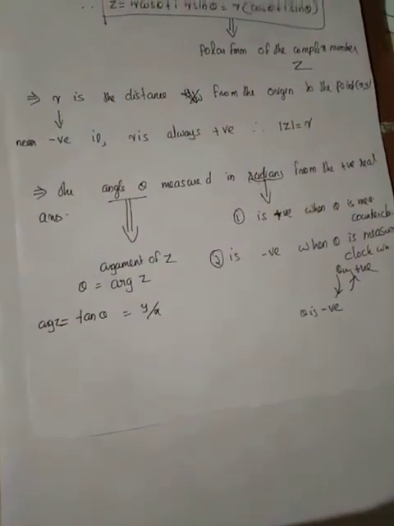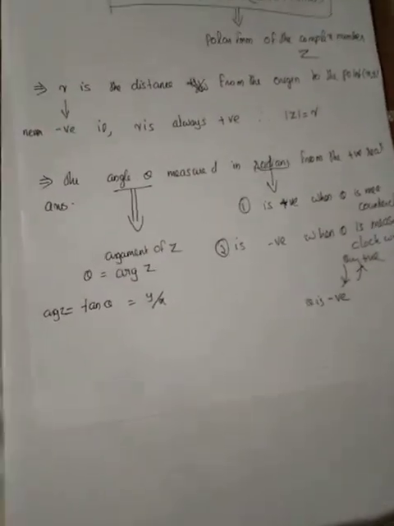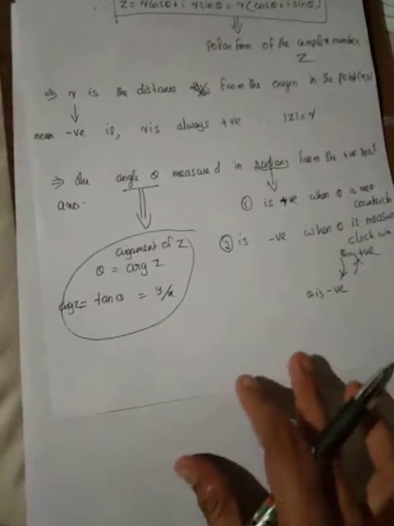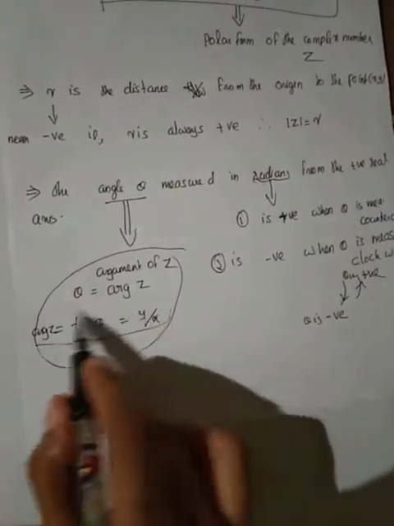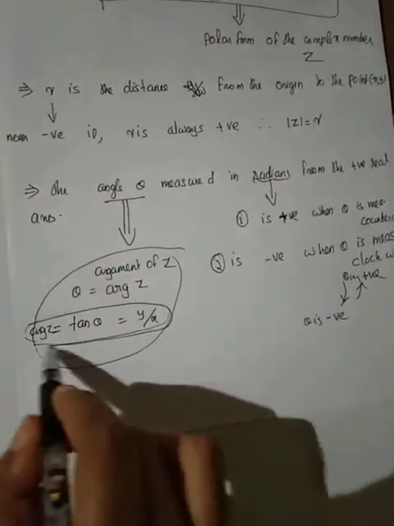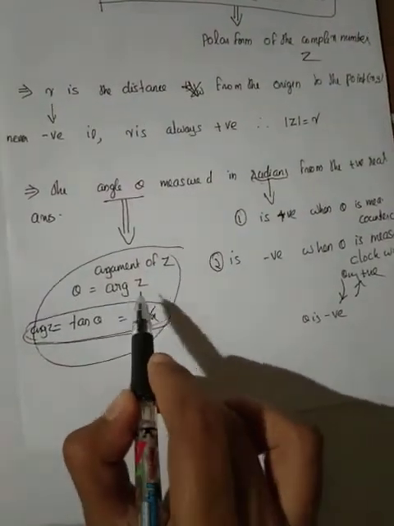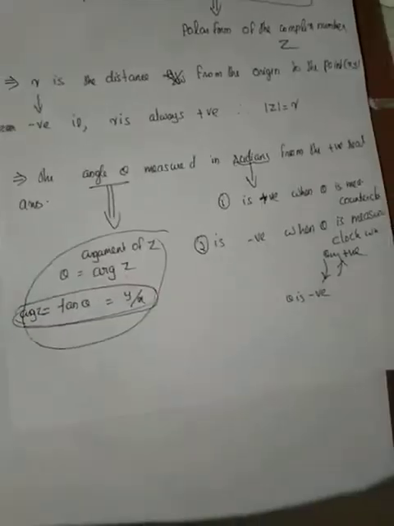Theta is also called the argument of a complex number. Tan theta is written as in the real case, but theta is equal to the argument of z in a complex number.